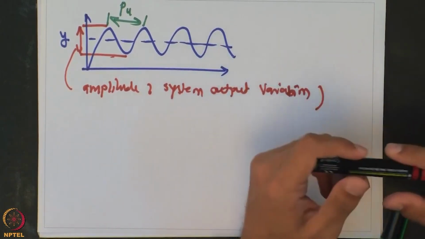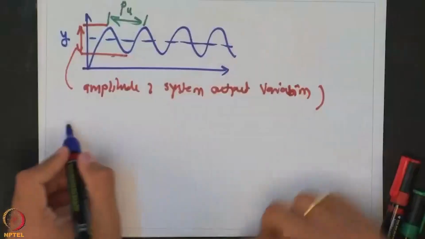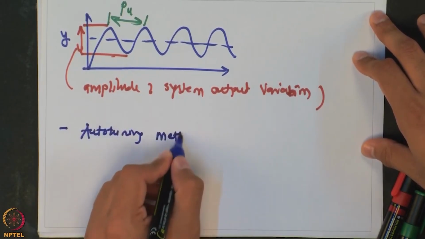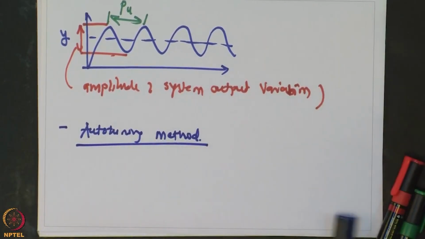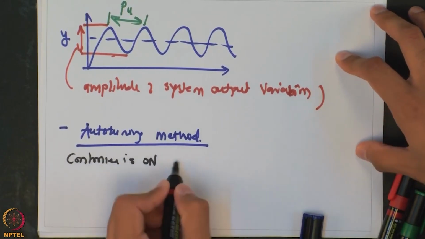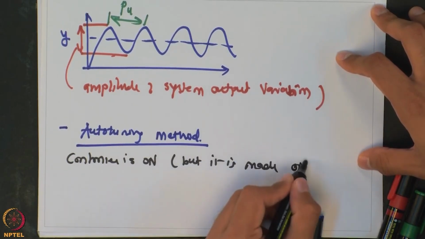So when you simply use this P controller based closed loop tuning, you may oscillate the system to a very high magnitude, again something which you may not want to do on a regular basis. To alleviate that, there is another method of closed loop tuning known as the auto tuning method, which is very popular. In the auto tuning method, again the controller is on, but it is made an on off controller.